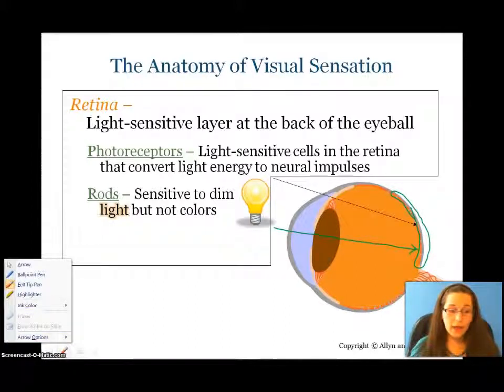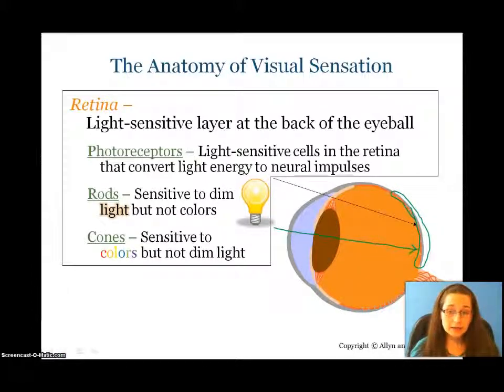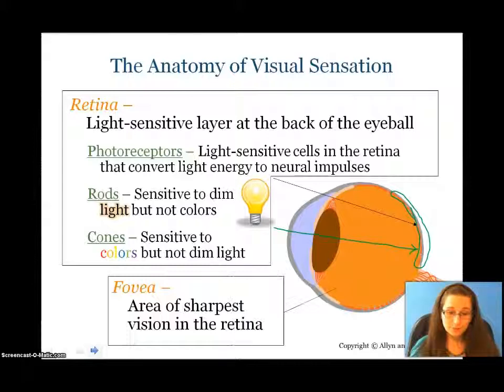On the other hand, our cones are sensitive to colors, but not actually to the light. So this is where we get our reds and our blues, the colors of the rainbow. As these specialized photoreceptors, the rods and the cones, work together, we're able to eventually combine the information about light and about colors.